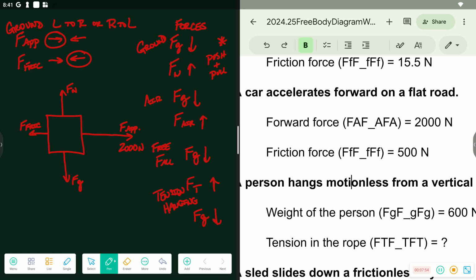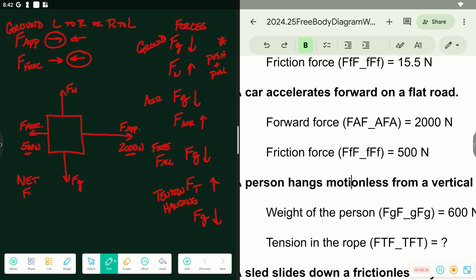And notice that this arrow is much longer because it has a much higher magnitude than this one. These two arrows are about the same length because they cancel each other out, okay? So you can see force applied has a much longer arrow because it's got a higher magnitude than the force of friction.